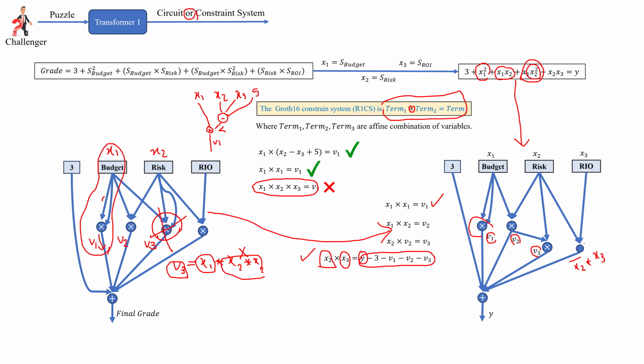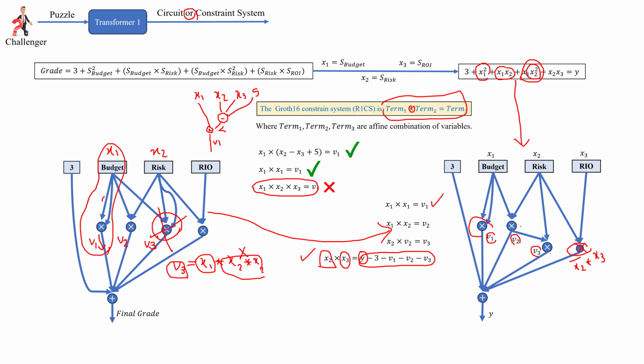I did not write multiplication here because if I write multiplication here, then this could be counted as another gate. Then we would have 5 gates, but I didn't write multiplication here, so it will not be considered another gate. So now our circuit has just 4 gates.